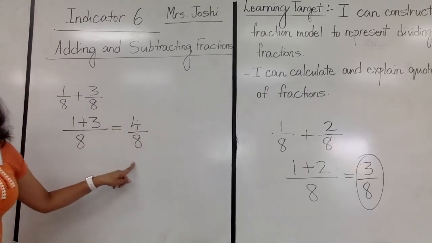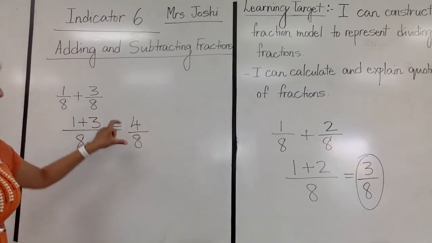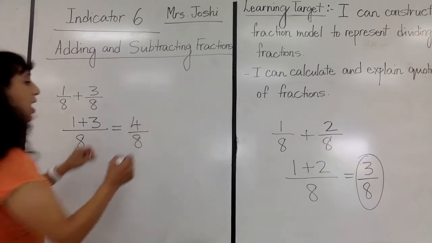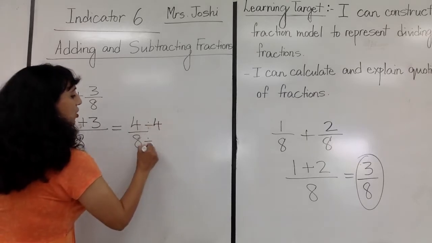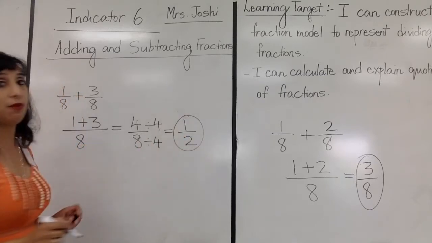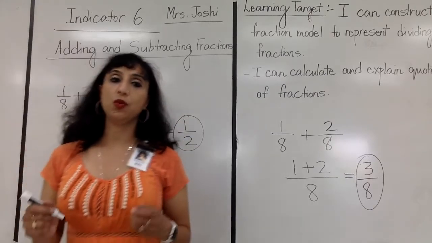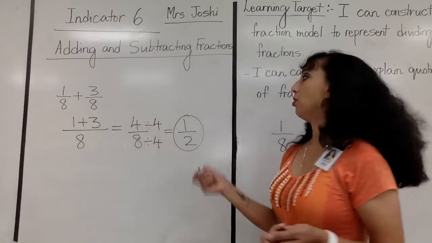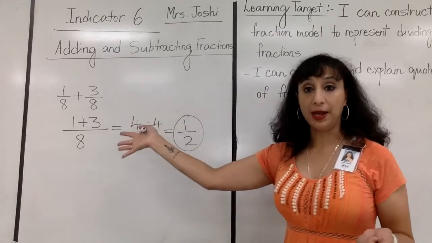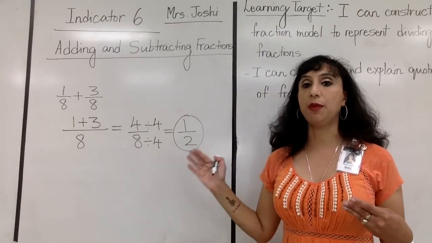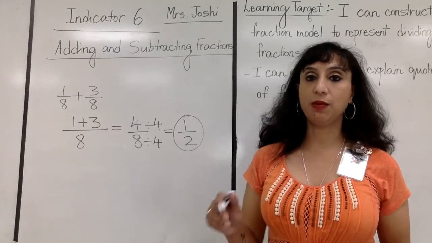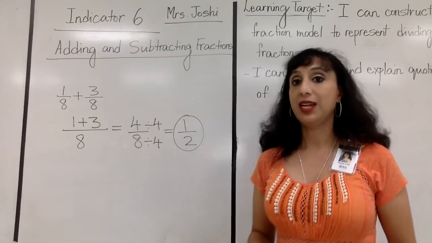Now we can see that this is not in the simplest form. So I would have to put this fraction in the simplest form, and I get 1/2. Please remember, this is why the divisibility rules are so important, because if you're trying to find what both the numbers are divisible by, sometimes it's not so apparent, and you have to use the divisibility rules to figure out if both numbers are divisible by 3 or 4 or 5, etc.